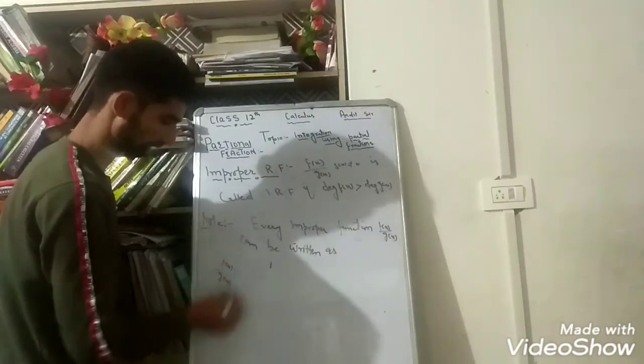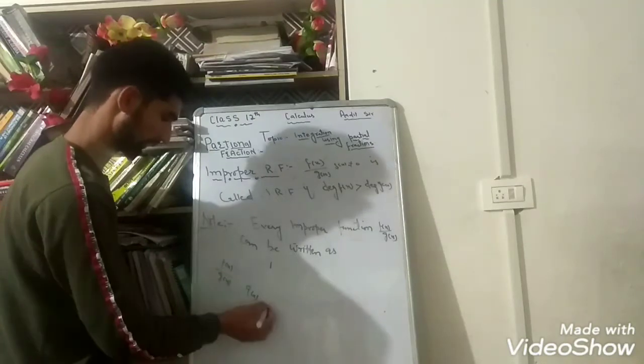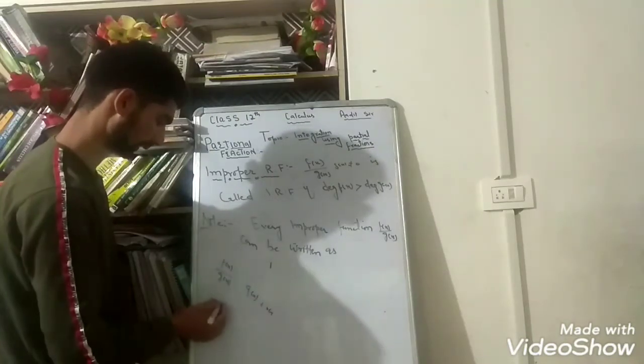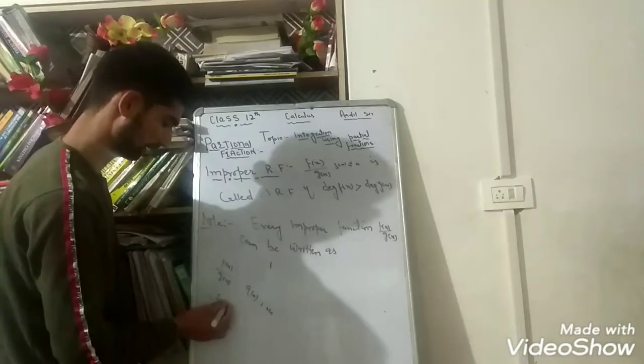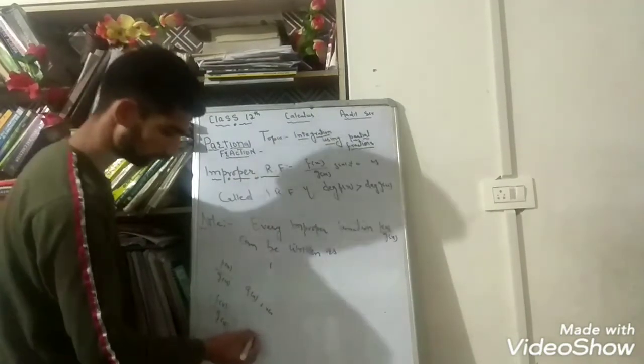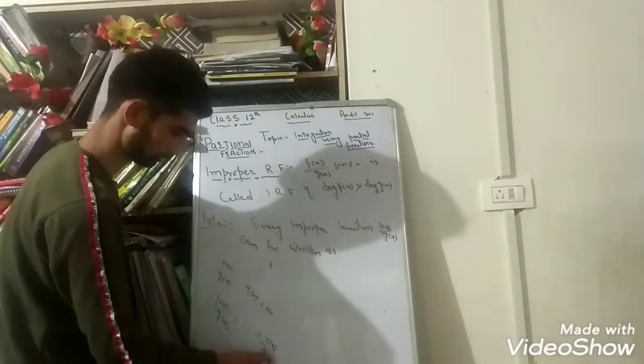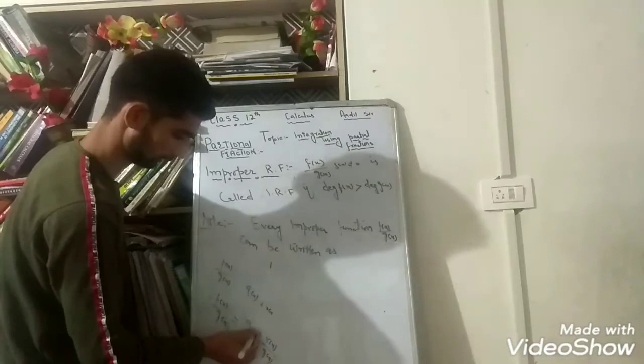When we divide this, we get a quotient q(x) and a remainder r(x), and then f(x) divided by g(x) equals r(x) divided by g(x) plus q(x).